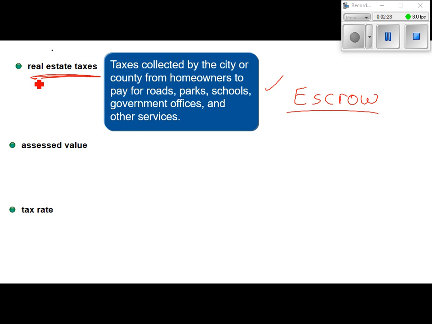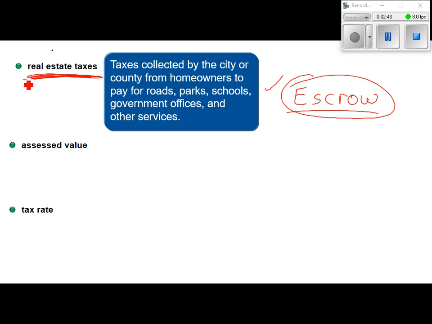So that escrow account is where these taxes come from. So if you buy a house, for the first 20 years or however long you have your loan out for, you may not ever see the real estate taxes.